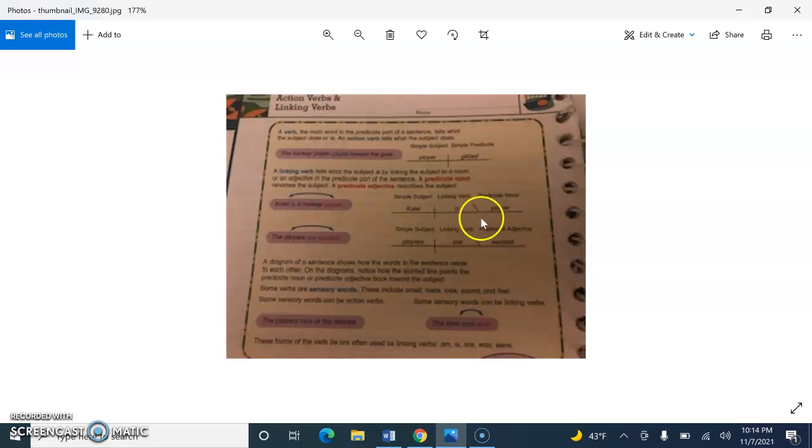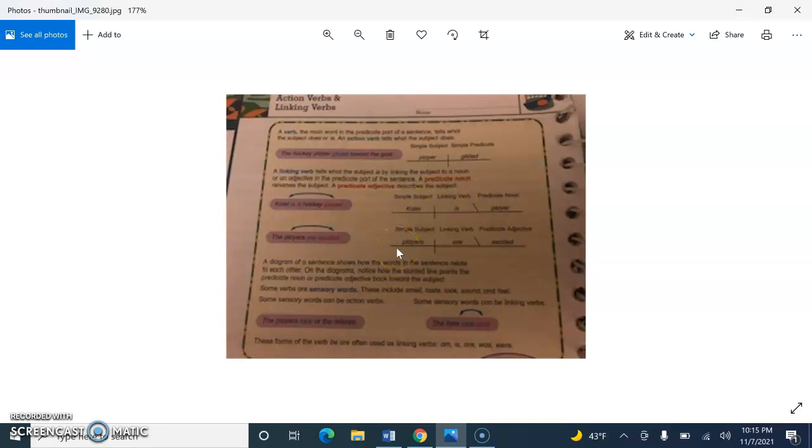And those objects will also go on this line, but the line that separates it from the verb will be different. So, sentences with linking verbs, when they are diagrammed, must have that diagonal line that shows that the predicate noun or the predicate adjective is going back to the subject.